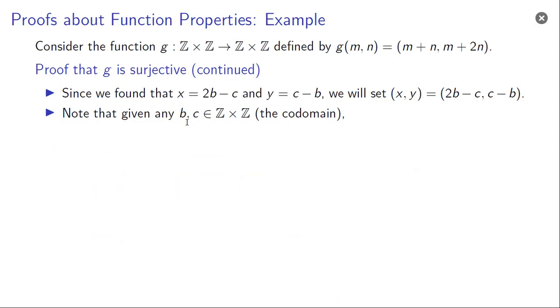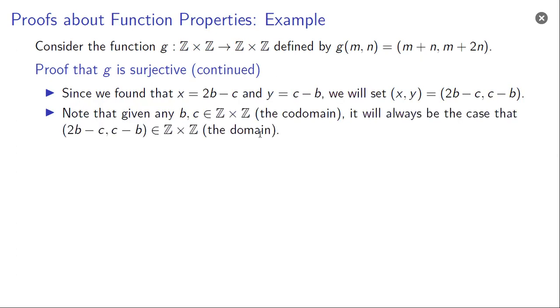So given any ordered pair (b, c) in the codomain, it will always be the case that the ordered pair (2b minus c, c minus b) will be in the domain. That's true because b and c are integers, so therefore 2b minus c is an integer and c minus b is an integer.